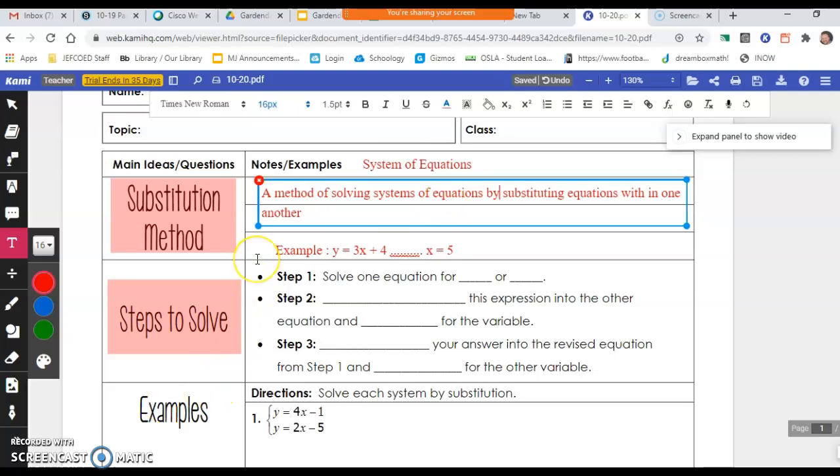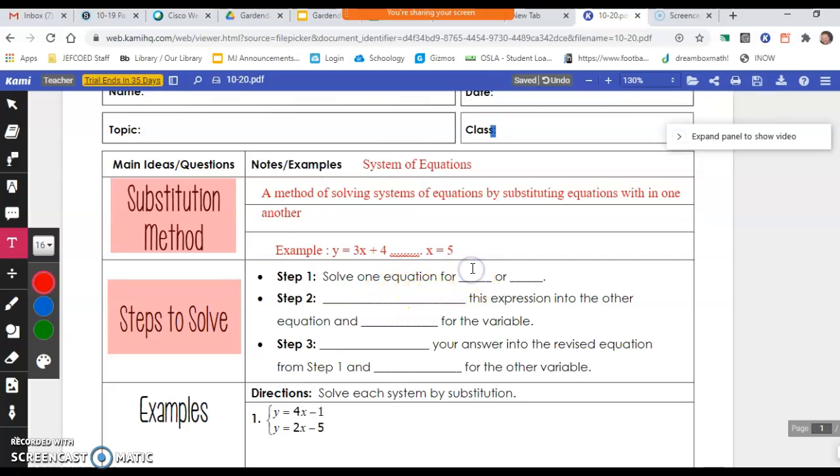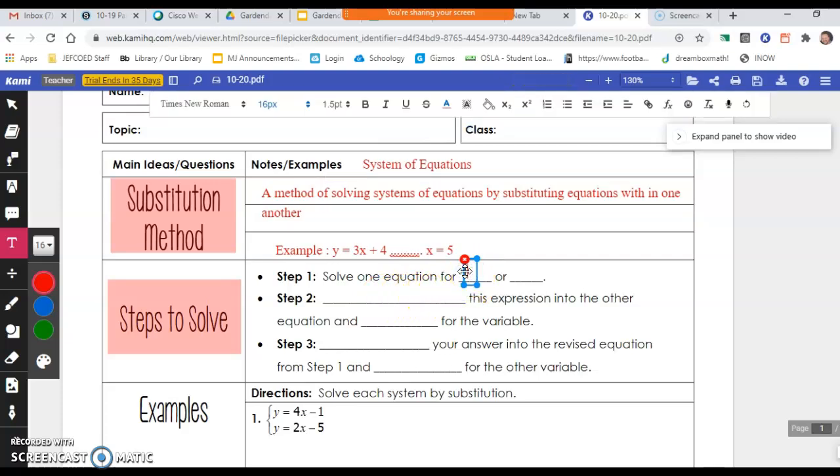So there's a couple steps here, and the steps are kind of wordy, just a little bit, but it is simple substitution. Looking at the steps, step 1: solve one equation, and we can solve these for x, or we can solve them for y.